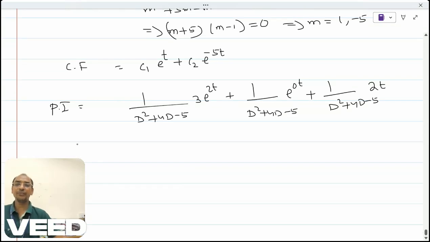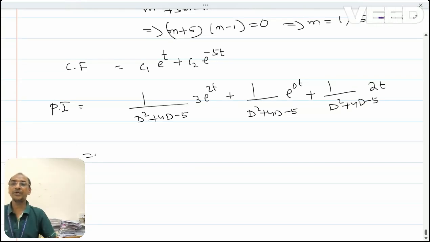So there will be three PIs, so we will find them one by one. For this one, wherever D is there, you put 2. So 4 plus 8, 12 minus 5, 12 minus 5 is 7.